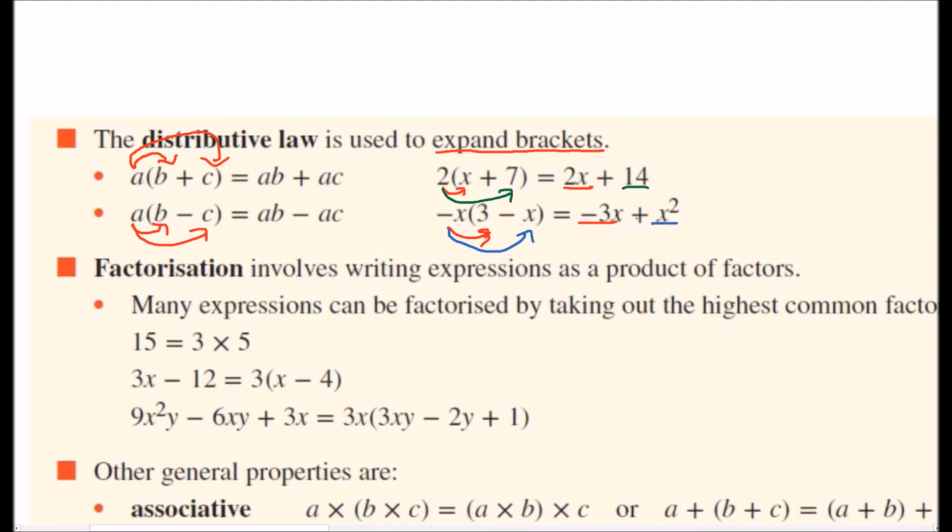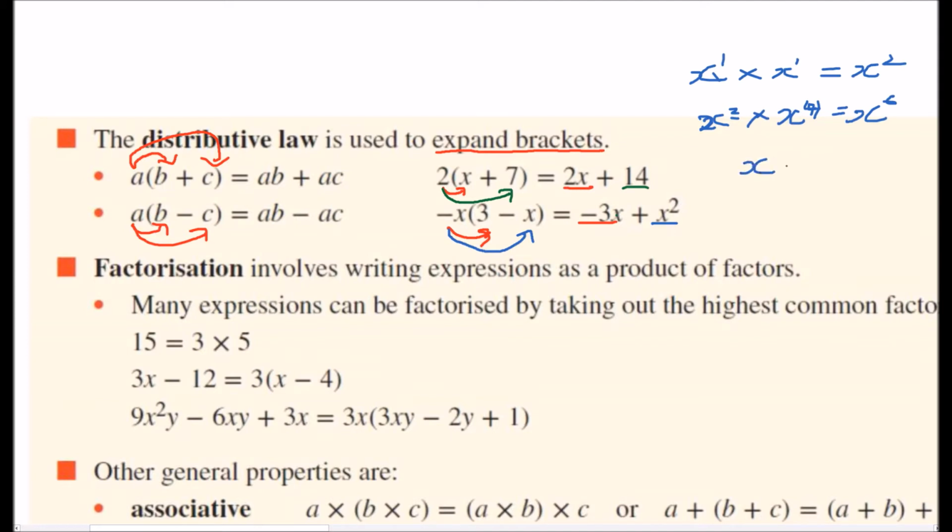Notice how when you multiply variables together, the indices or the powers get added. So for example, x times x will equal x squared, because these both have little ones on top. But if I had x to the power of 2 times x to the power of 4, it's going to be x to the power of 2 plus 4, which equals 6.